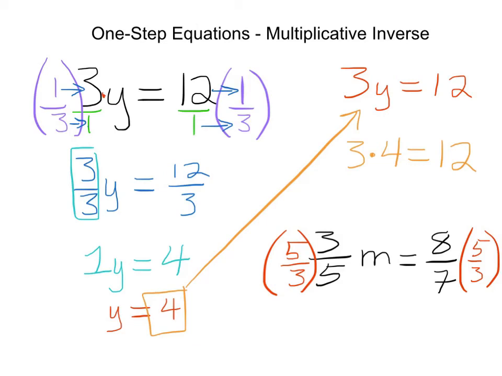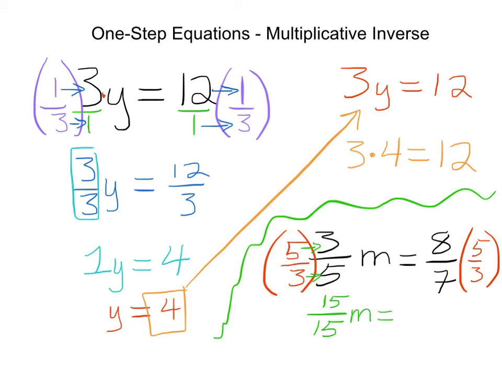On the left-hand side of the equation, and actually I'm just going to do a little squiggly line here to kind of separate what's going on so you don't get confused later. On the left-hand side of the equation, 5 times 3 is 15, 3 times 5 is also 15, so we're going to have 15 over 15. On the right-hand side of the equation, we have 8 times 5, which is 40, and 7 times 3, which is 21.